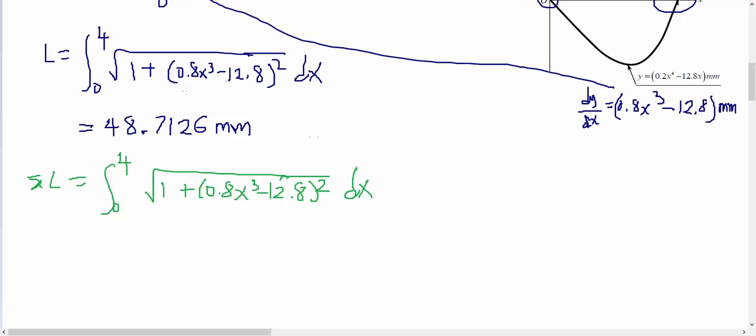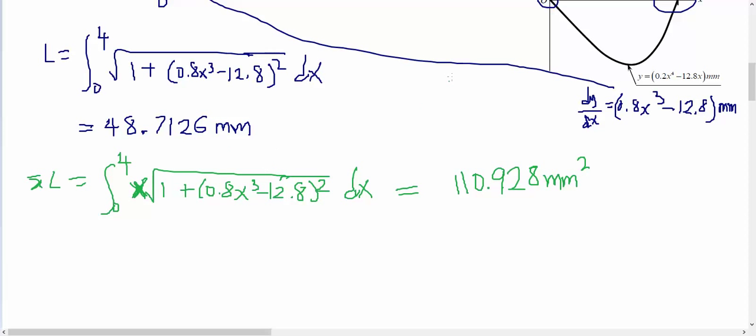The only difference is that we're also going to multiply by x over here. Plugging this in your calculator, you should get 110.928 millimeters squared. And this is millimeters squared because of the x we just multiplied here. So millimeters times millimeters, we have millimeters squared.